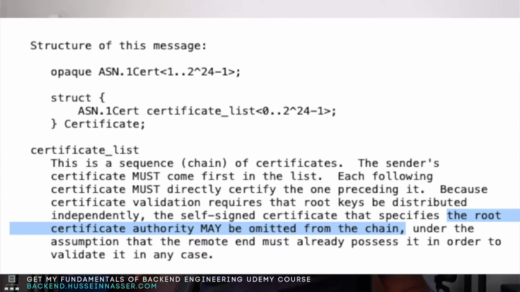Okay? Including the root is optional based on the TLS RFC. But from my looking up and sniffing TLS handshakes, I think it's almost always included. Like Google always included the root for some reason. Last time I checked, right?